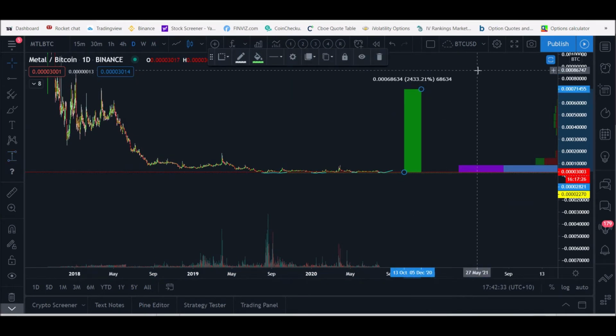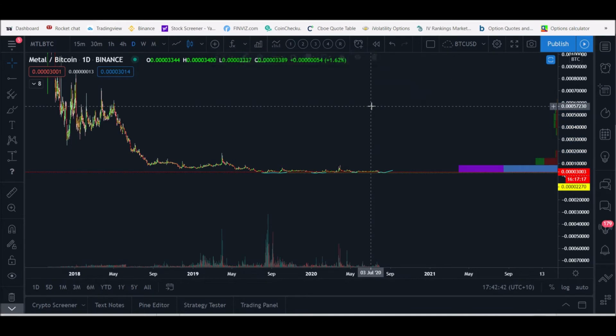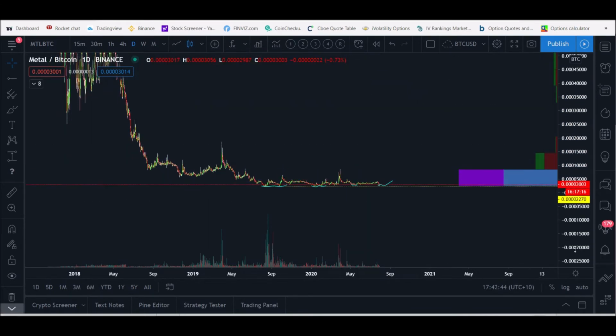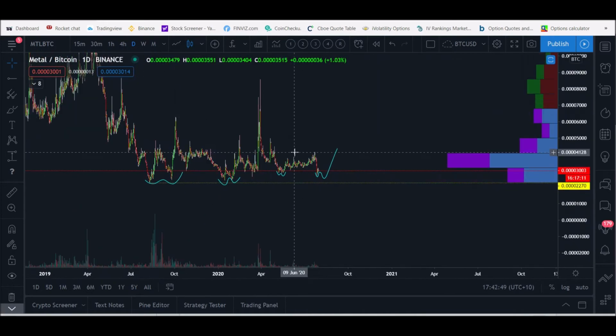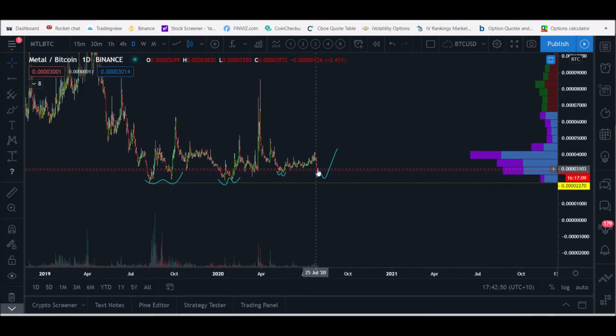You're looking at like 2,000% as if you're going to hodl a coin through the next bull cycle. So if you want to be conservative, you can buy now. If you want to be more tight, I'd probably be looking for some more structure in order to come in. But yeah, that was Metal.